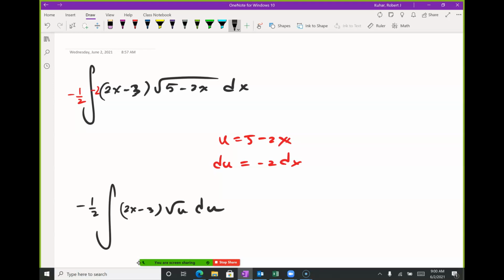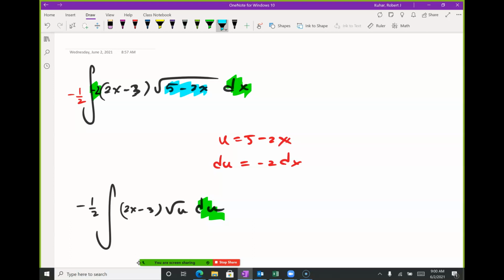Make sure we see that the negative 2 dx became the du. This green highlighted piece became du. And then, of course, square root of 5 minus 2x is square root of u. And again, I'm seeing that this has gotten a little bit simpler, so I think it might be the right way to go.